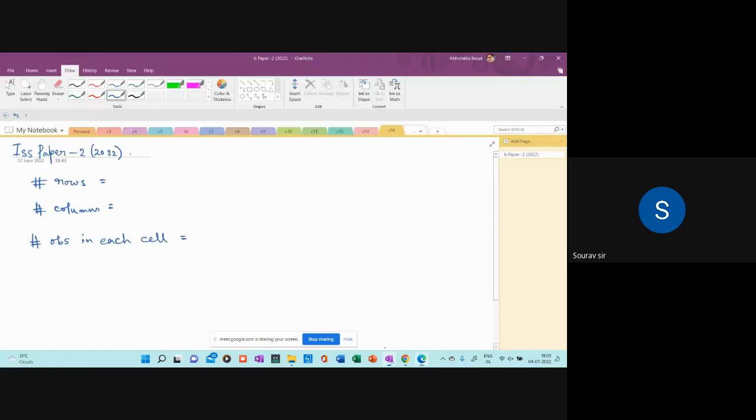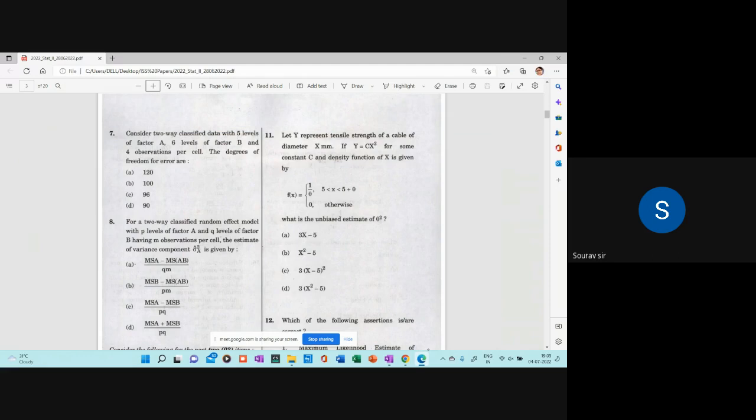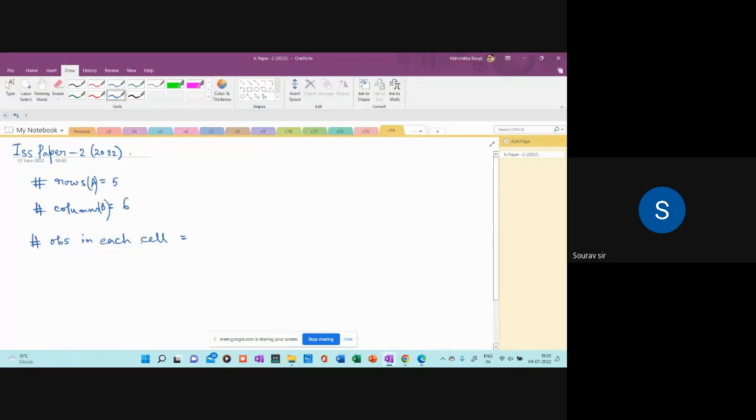I am considering factor A row wise, so it has 5 levels. For factor B column wise 6 levels, and there are 4 observations per cell.